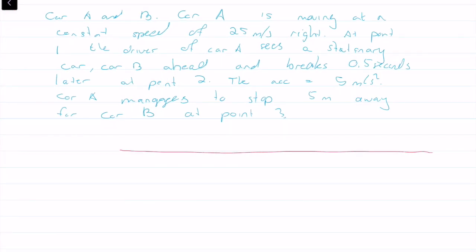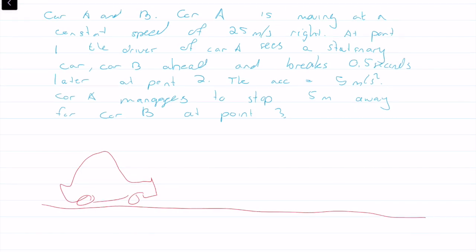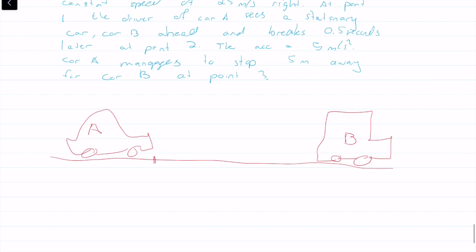Okay, let's actually draw it like this. So we have two cars. Beautiful car, and let's see, it's a nice car. So A, B. We have point 1, point 2, and point 3.